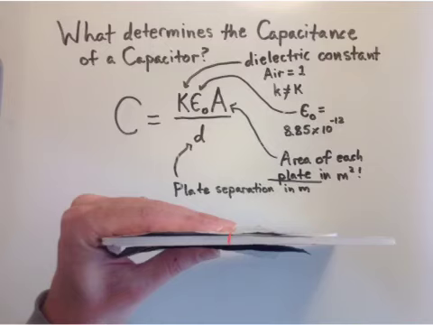In this case, the plate separation is probably about 0.6 centimeters, which is significantly thicker than for a piece of paper. So D then is obviously going to be different if I'm using a foam board instead of paper. The other thing though that changes is the dielectric constant.